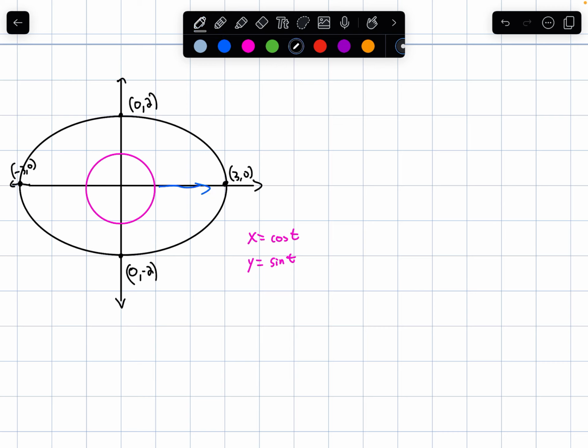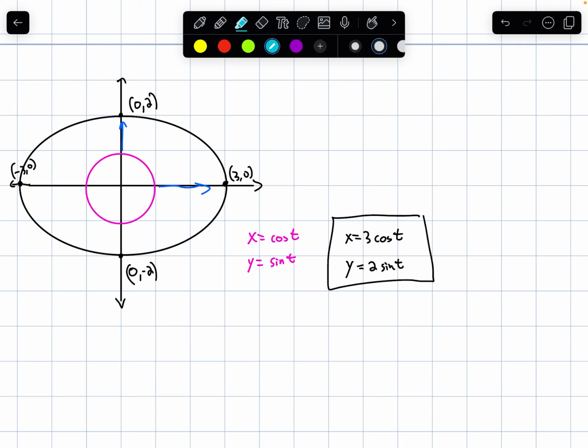So I can say for my ellipse, x equals 3 cosine of t. And I can say that y has been stretched by, or multiplied by 2, so y is equal to 2 sine t. And so this is my parametric equation to model the ellipse. I can get my stretch in the x by stretching the x, the stretch in the y by stretching the y. And so I get the equation of the ellipse.